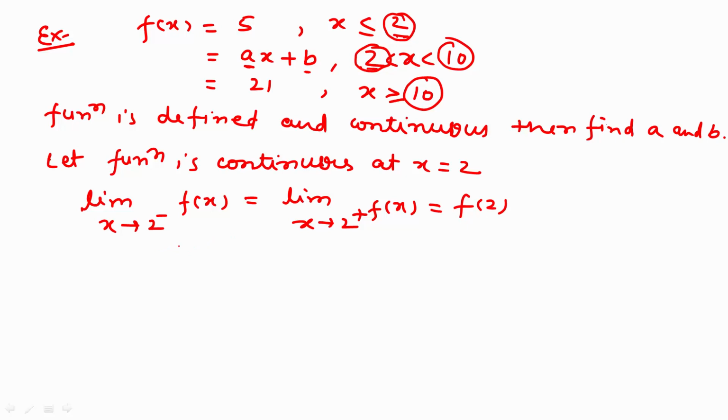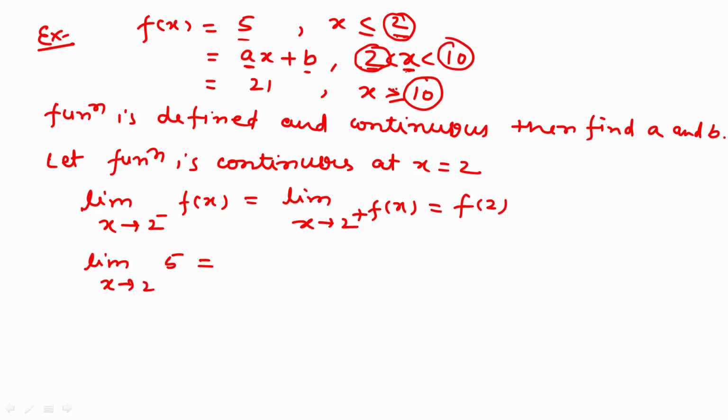2 minus indicates that the value of x is less than 2. When the value of x is less than 2, we will take this function, means 5. So you can write limit x tends to 2 of 5 is equal to limit x tends to 2 plus f(x). 2 plus indicates that the value of x is greater than 2.